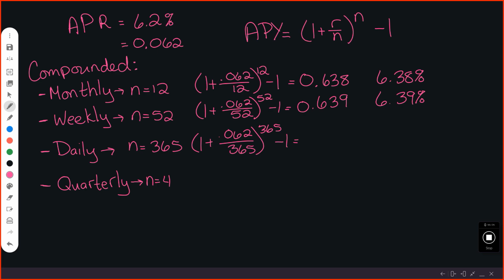All right, and that is 0. Oops, sorry, there's another 0 in here for both of these. Sorry about that. 0.06, it's 3956, so I'm going to make it 40. So that's about 6.4%. And then if it's quarterly, I'm just going to do 4.